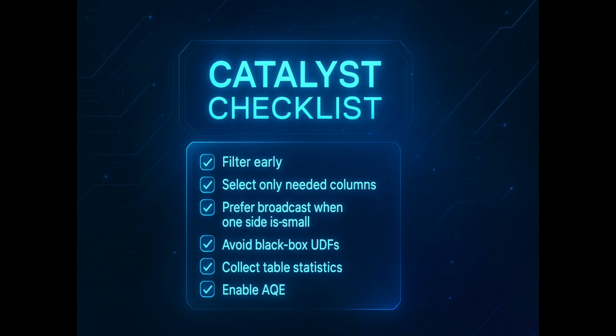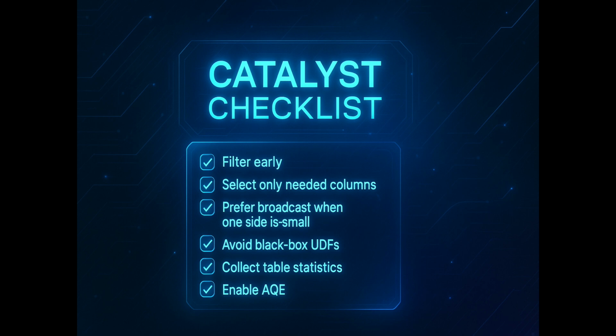So the Catalyst checklist. It checks rule-based optimization, as I mentioned. Filter early, select only needed columns, prefer broadcast when one side is small, avoid black boxes. I mean, UDF, you know, right? A UDF is an external function we create, which we utilize in our Spark job, but Catalyst optimization will not be able to plan that.